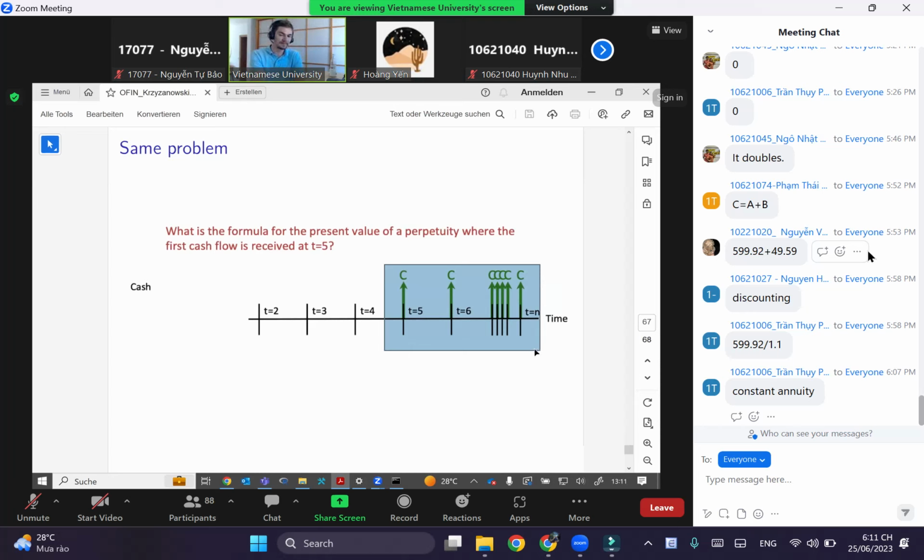What is the formula for the price of a perpetuity? Okay, here I must say I get where you're coming from, because on the slide it's written perpetuity, but what you see on the timeline is a finite payment at point n. So there's an inconsistency on the slide.